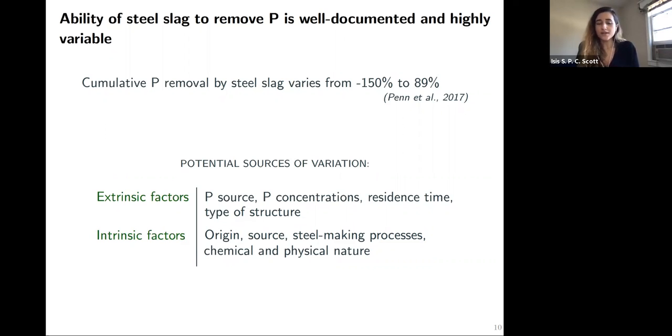The intrinsic factors include the origin of the material, the source of the raw material that was used to produce the steel slag, the steel making processes, and all of these reflect on a different chemical and physical nature of the media that is produced.